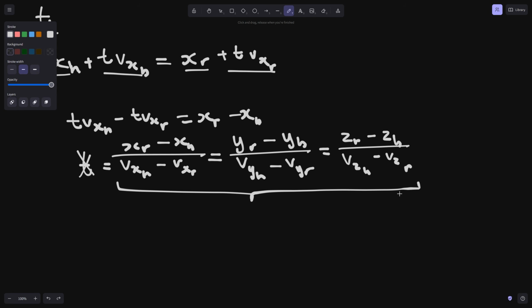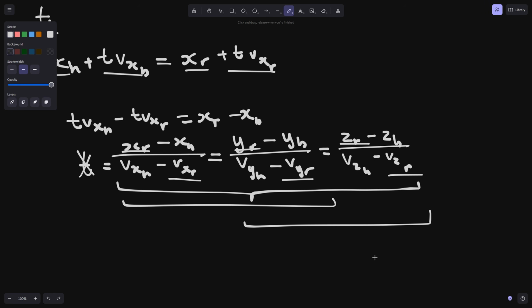And so essentially we're looking for some xr and vxr, sorry, that's an h, my writing is too messy, yr and vyr and zr and vzr for the rock, such that it satisfies this equation, which will split apart into 2 equations, for all of our rocks.